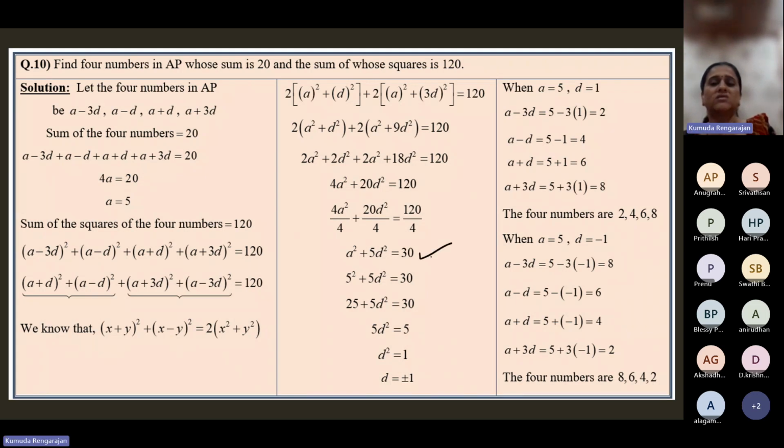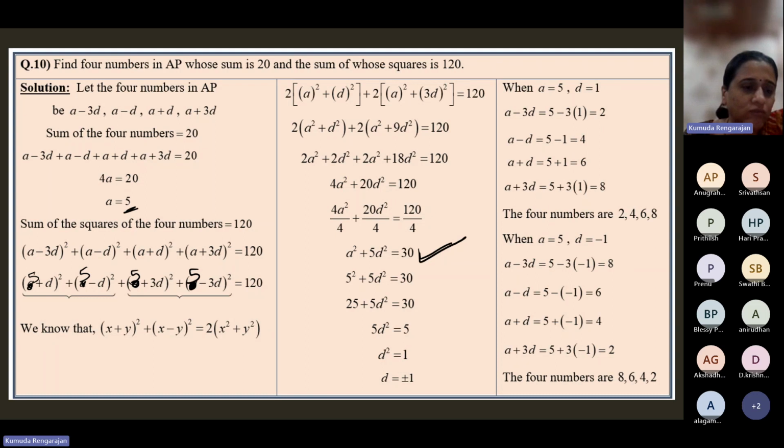And you have this. So after simplifying, now you'll be like, why wouldn't you use the value of 5 here itself? You can put a is 5, right? So you can put a as 5 here itself. Yeah, you can do that also. I have just simplified, and at this point I'm using the value of a.